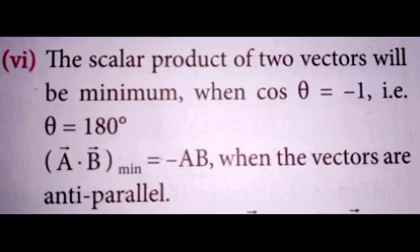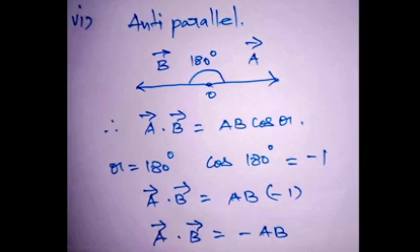Property number 6. The scalar product of two vectors will be minimum when cos theta equals -1, that is, the angle is 180 degrees. Therefore A vector dot B vector is minimum, equal to minus AB, when the vectors are anti-parallel. Now we see the explanation. Students, see the A vector and B vector are anti-parallel and the angle between them is 180 degrees.